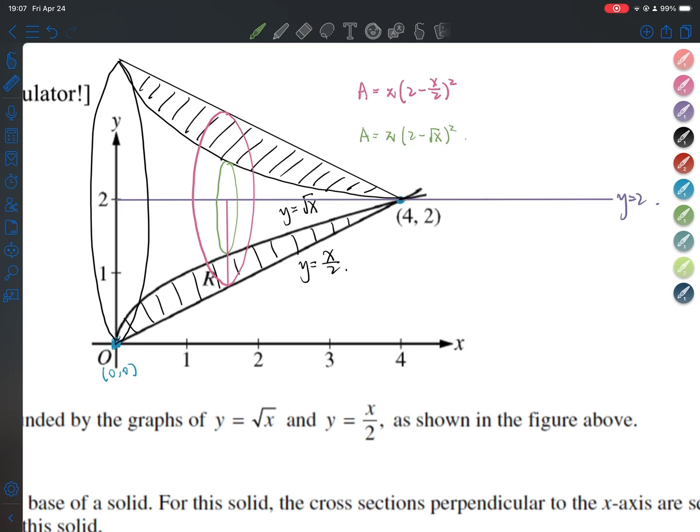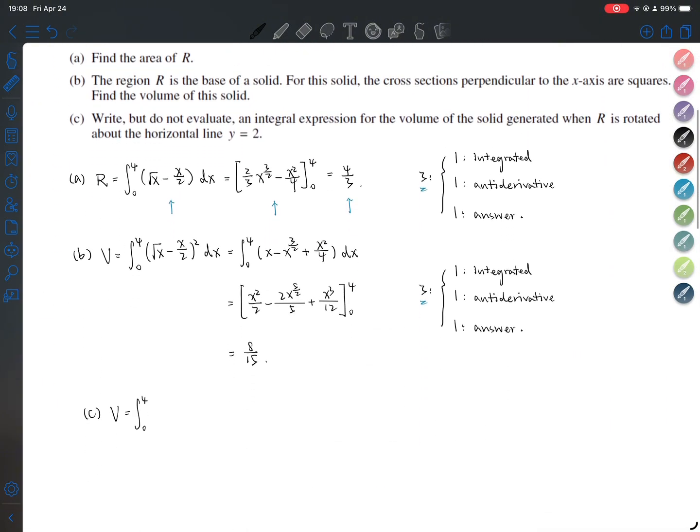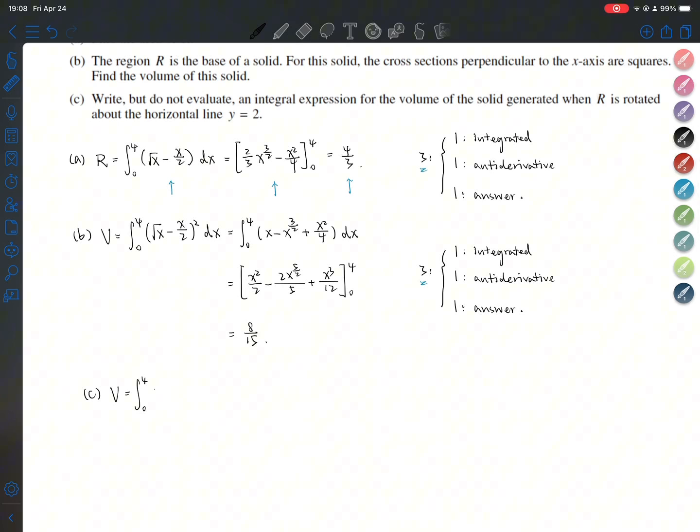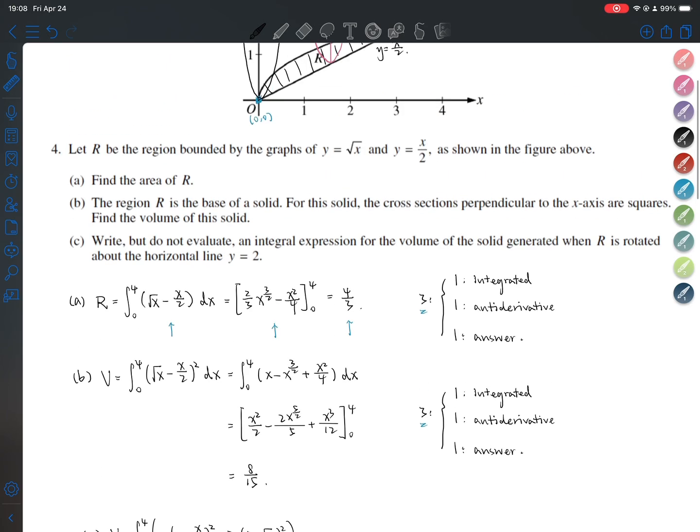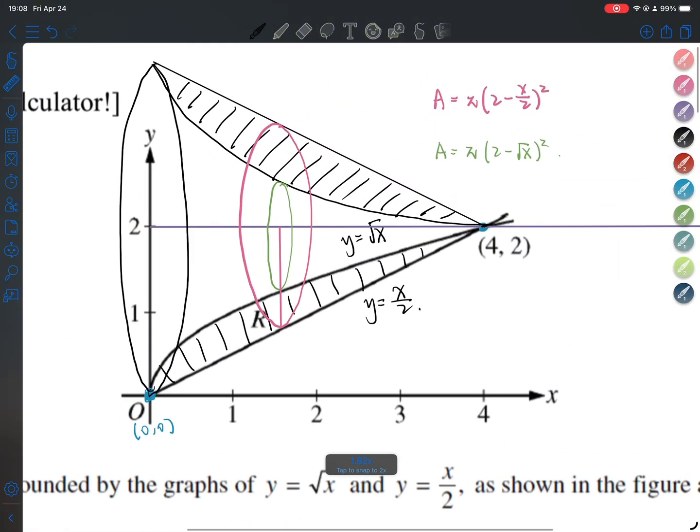So now the cross-section will just be the pink circle minus the green circle. So it is pi times (2 minus x over 2) squared, which is the pink circle, minus pi times (2 minus root x) squared, and that is the area of the cross-section.